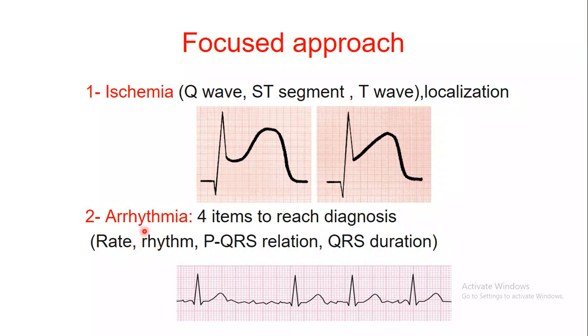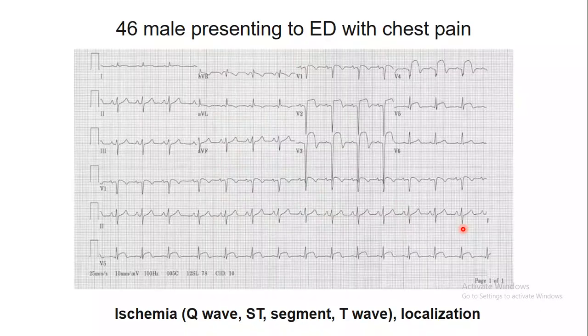On the other hand, if we have a patient presenting with palpitation and we are suspecting arrhythmia, the most important items to check rapidly are the rate, rhythm, the P wave QRS complex relationship, and the QRS duration, as we will explain in the coming slides.